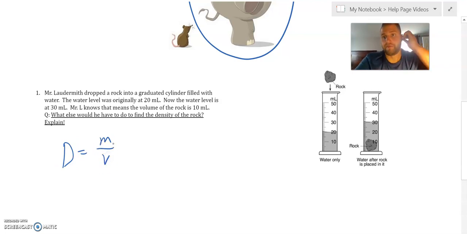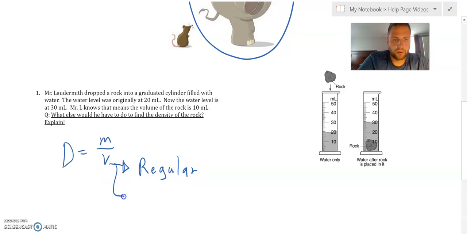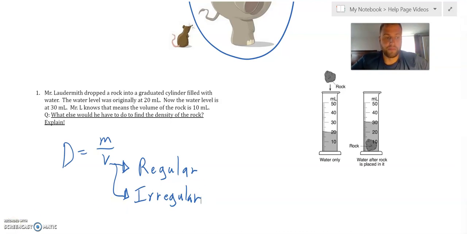When we think of finding volume, there's two categories we have to really think about. Is the object a regular or irregular shape? The reason we have to think of it in these terms is because there are two separate procedures to figure out volume.